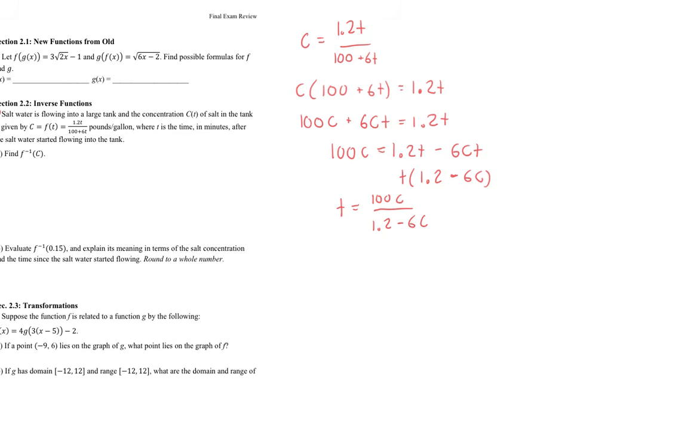Now for part B, we are going to evaluate f negative 1 of 0.15 and explain its meaning. So we're going to go ahead and plug in 0.15 here. So t is equal to 100 times 0.15 over 1.2 minus 6 times 1.5. You can just go ahead and put this in your calculator and you'll get 50.